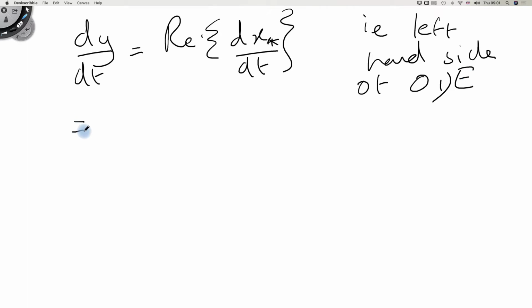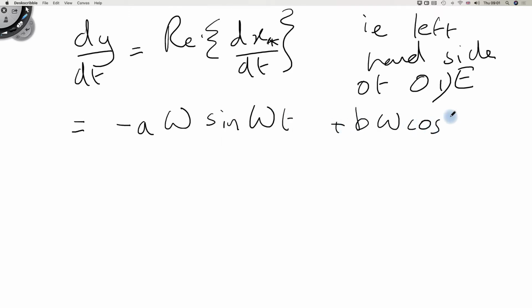So if we just differentiate what was a cos omega t minus b sine omega t, we then get minus little a omega sine omega t plus b omega cos omega t. And then we can do a little bit more manipulation now.